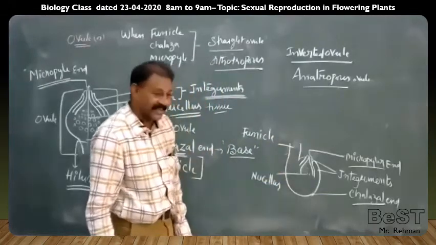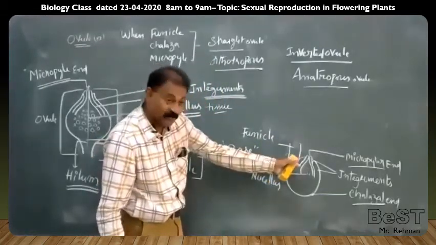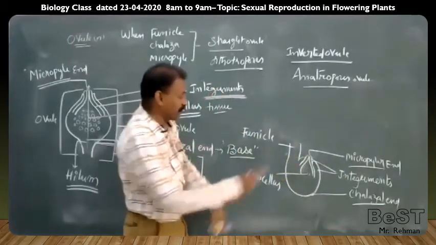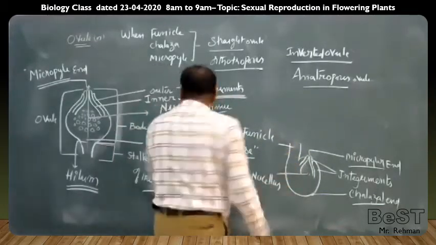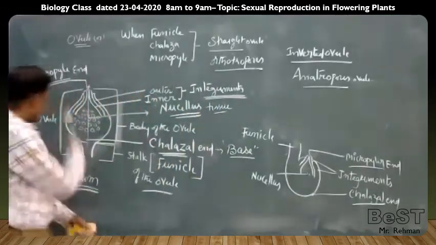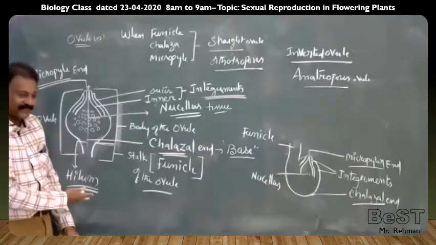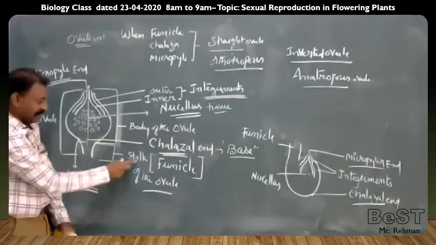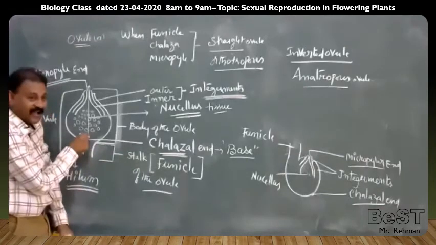Here it is somehow difficult to trace out what is the joining of the stalk with the body, which is called hilum. In this diagram we are able to trace what hilum is. An imaginary line which should be between the stalk and chalaza.